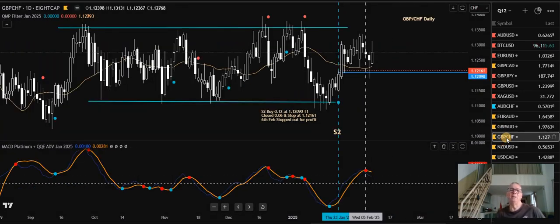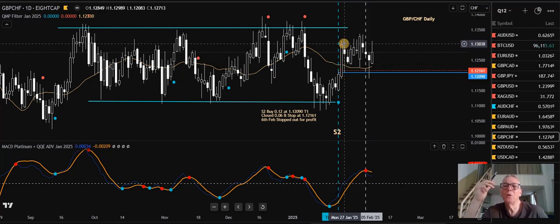Pound Swiss, now this is a little bit annoying. In a buy back here on this, open this candle here, or close to it, which is on the 24th of January. Went up nicely, closed half, pretty well closed half straight on that very first candle. MACD price closed above the 0 level.